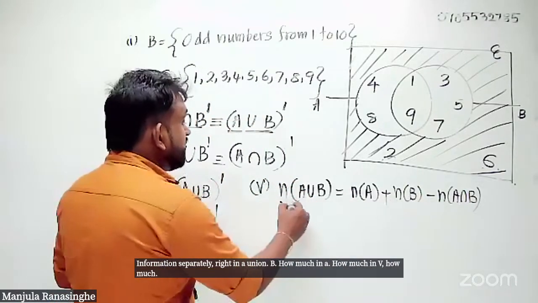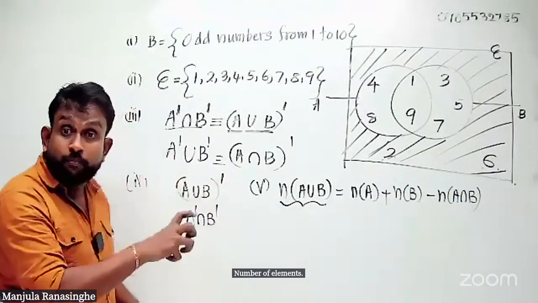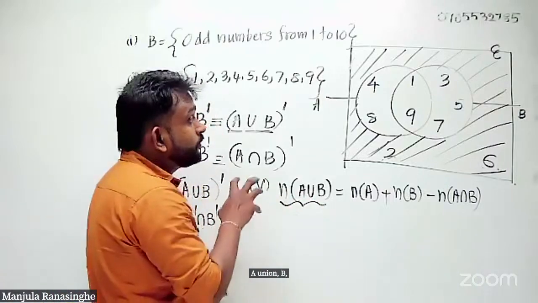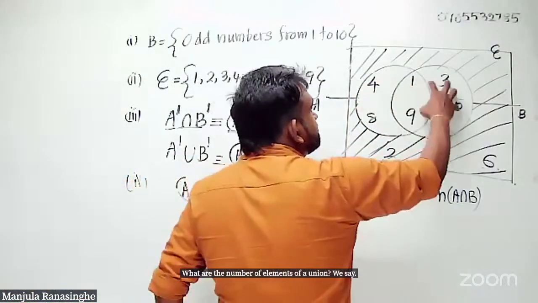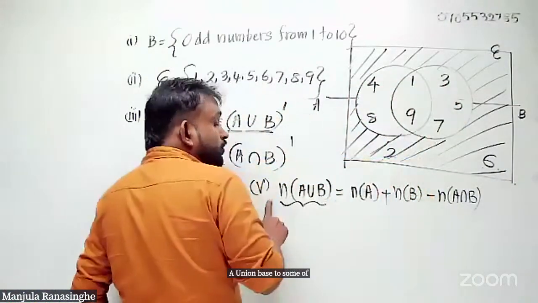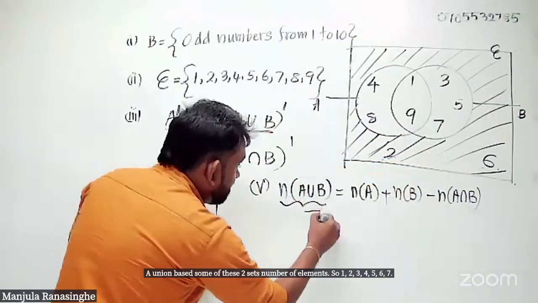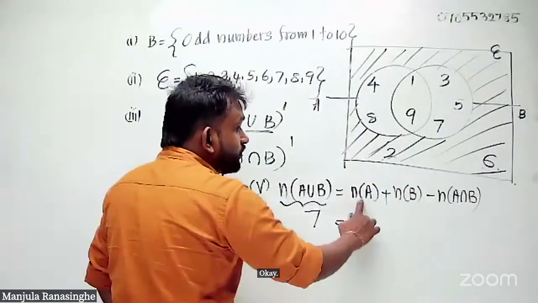What is n of A union B here? n means the number of elements of the A union B set. A union B is the sum of these two sets. Number of elements: 1, 2, 3, 4, 5, 6, 7. How many elements are there? There are 7.